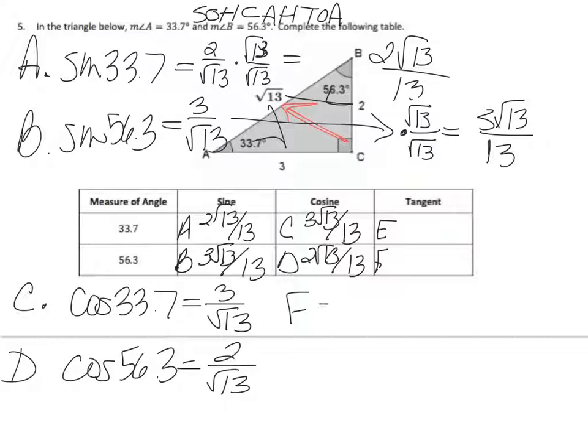And then F. Need to do some erasing up here, a little messy for my liking. Okay. Tangent of 33.7, TOA, opposite over adjacent. So we have opposite over adjacent, 2 over 3.